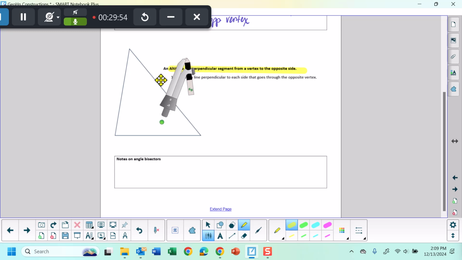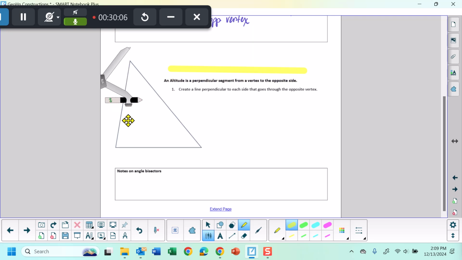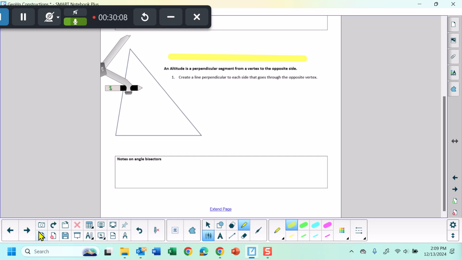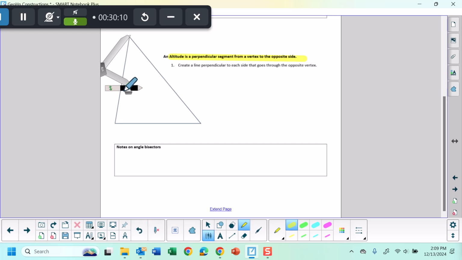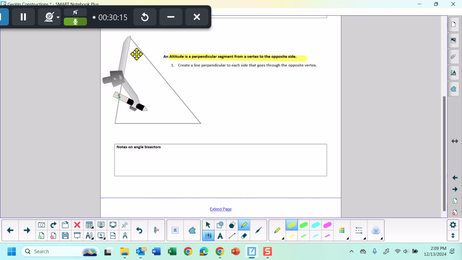Everybody take your compass and put your sharp on your vertex. Open up your compass. I wonder if I'm still not big enough. I've got to make it smaller, hold on.